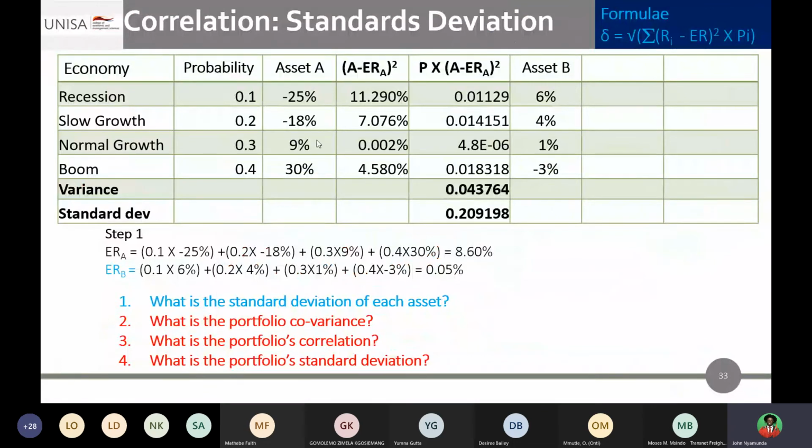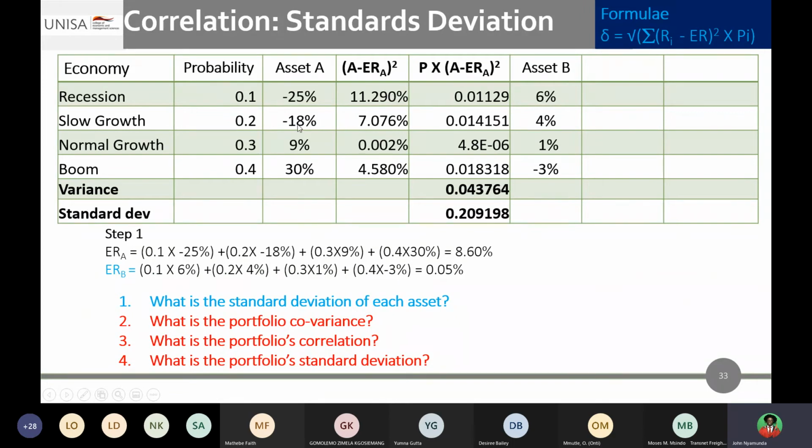Okay, so the next step, ladies and gentlemen, we are trying to find the standard deviation. You are going to do the standard deviation for B, but I'm going to do with you the standard deviation for A. Remember, the formula is individual return R_i minus expected return, squared, times P. So minus 25 minus 8.6 squared gives us 11.29.